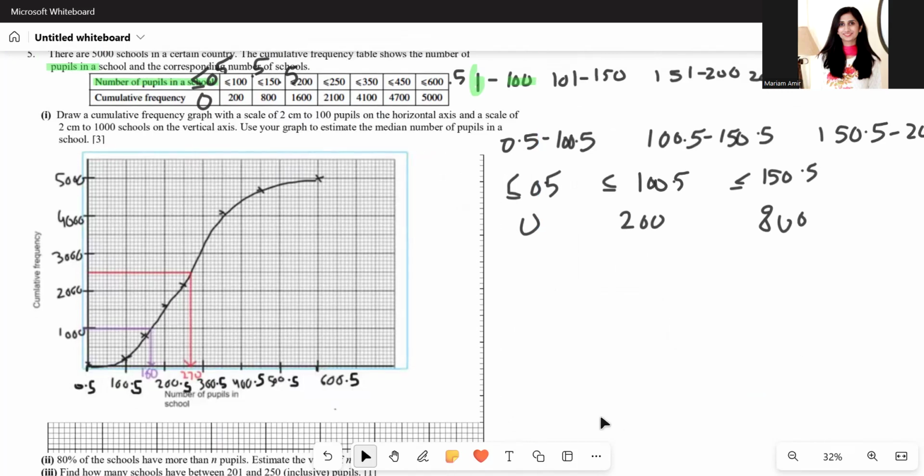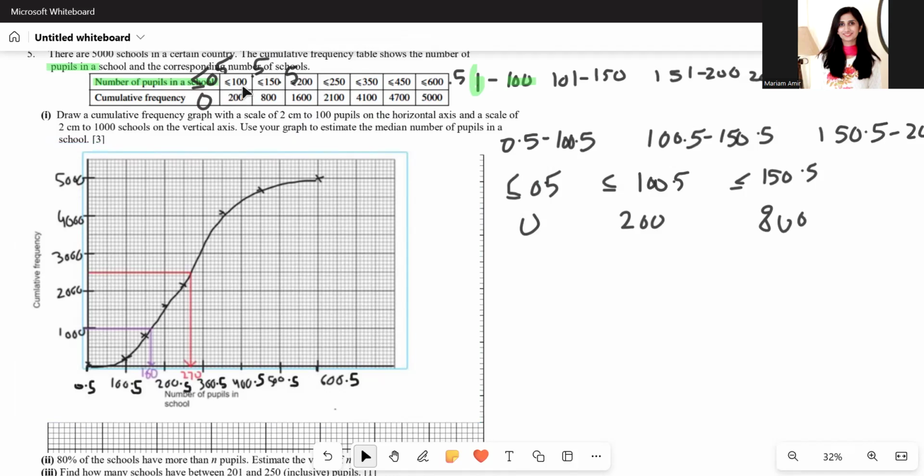Okay, so here's the graph, and we've used the required scale. 2 centimeter is 100 pupils, so we start from 0.5, and then 2 centimeter is 100.5, another 2 centimeter is 200.5, another 2 centimeters 300.5, and so on, all the way till 600.5. And on the y-axis, 2 centimeter is 1,000 schools, so we take this till 5,000.